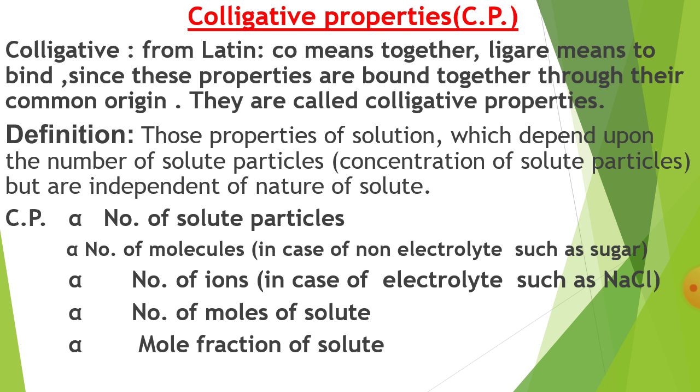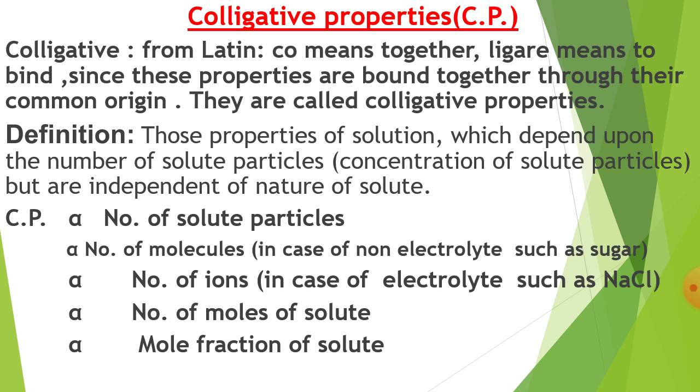Now we can summarize colligative properties and their dependence like this. Colligative property is directly proportional to the number of solute particles, either directly proportional to the number of molecules, in case of non-electrolytes such as sugar, where the molecules may be 1 mole, 2 mole, 3 mole, or directly proportional to the number of ions, in case of electrolytes such as NaCl and K2SO4.